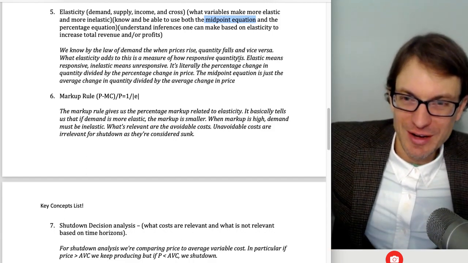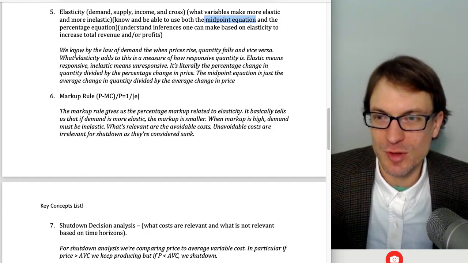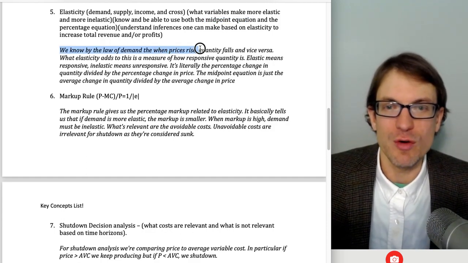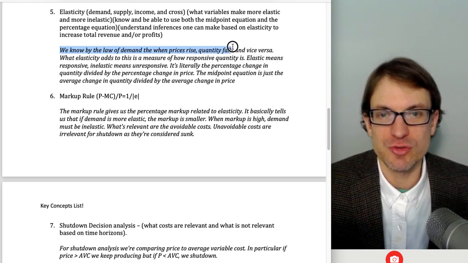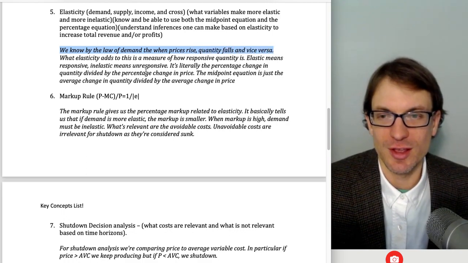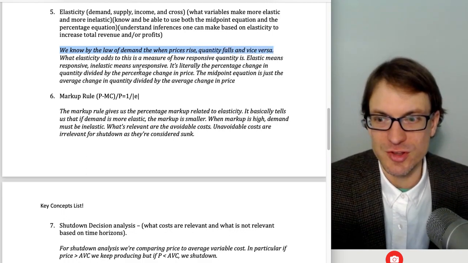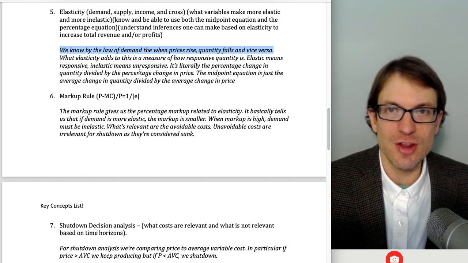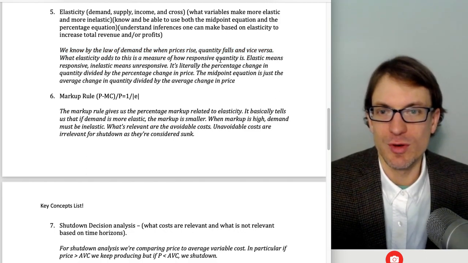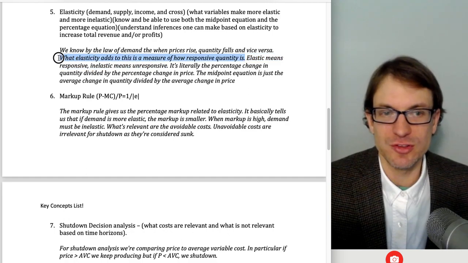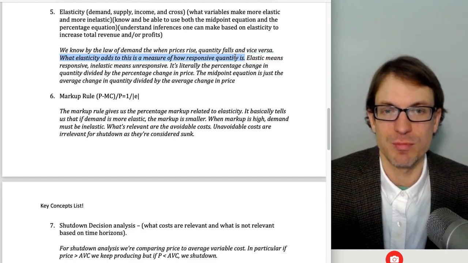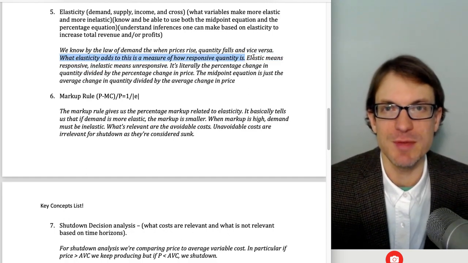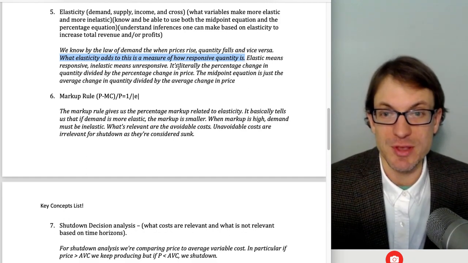So, all right, what's the point of elasticity? We already know by the law of demand, when price rises, quantity falls, and vice versa. If price changes, quantity is going to change. The question is, does it change a lot or a little? We want to measure how responsive quantity is to changes in price. So elastic means responsive, inelastic means unresponsive.